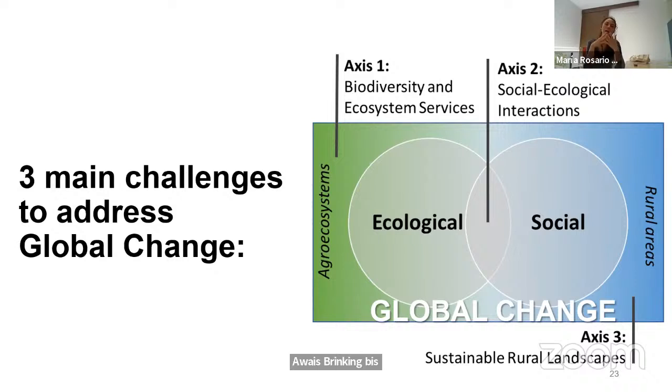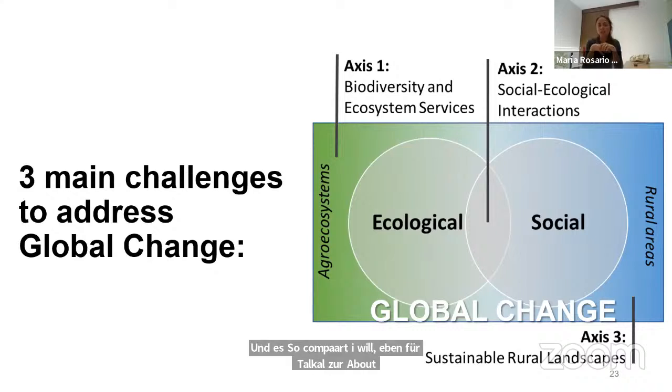On the one hand, from a more ecological point of view, thinking of agroecosystems as an ecosystem, I investigate the effect of land management on biodiversity and ecosystem services. In the second part, I will briefly talk also about how we take into account the social-ecological interactions.